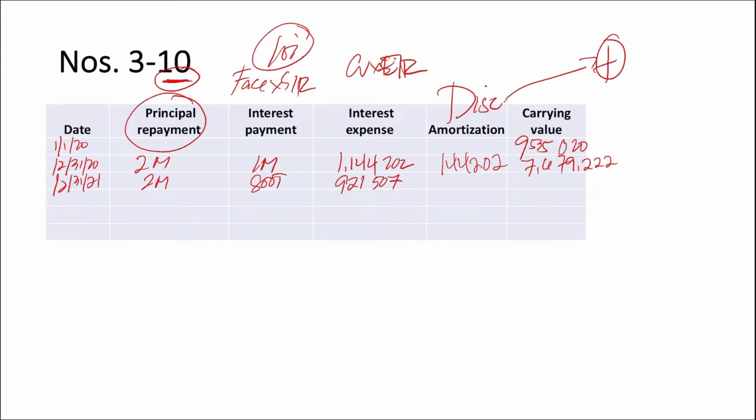Discount amortization, 121,507. So, magkano na lang ang updated carrying value ng bond? That is 7,679,222 plus 121,507 minus 2 million. Magkano na lang yun? 5,800,729.